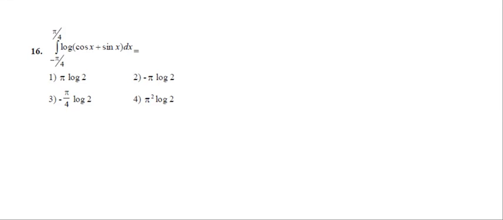Or we can use another property, integration a to b f of x dx is equal to integration a to b f of a plus b minus x. So I am taking I is equal to integration minus pi by 4 to pi by 4 logarithm of cos x plus sin x dx.